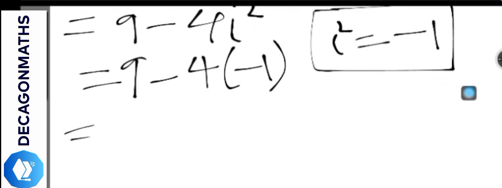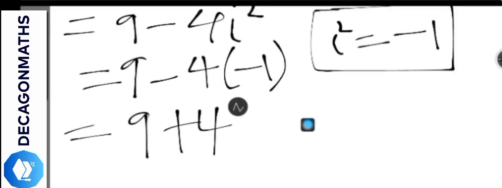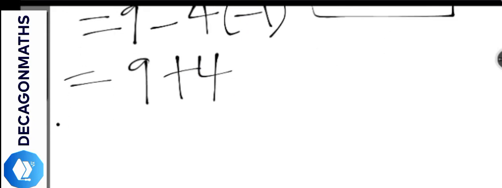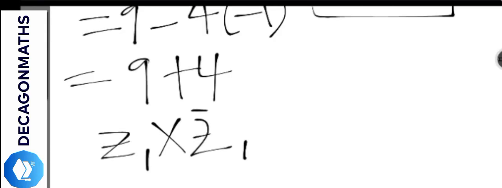Then we have 9 plus 4, because minus times minus is positive. So z1 multiplied by z1 bar is equal to 13, right?